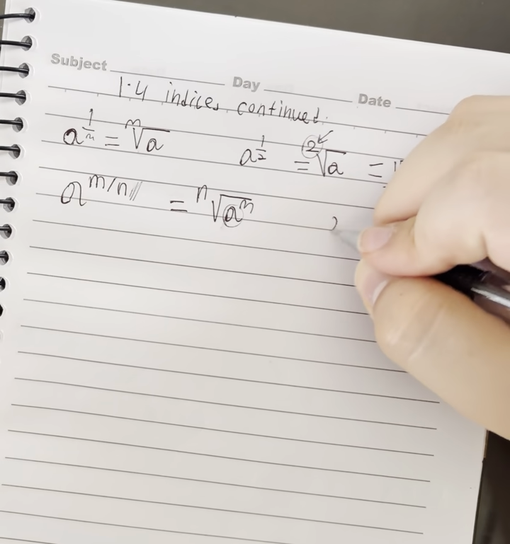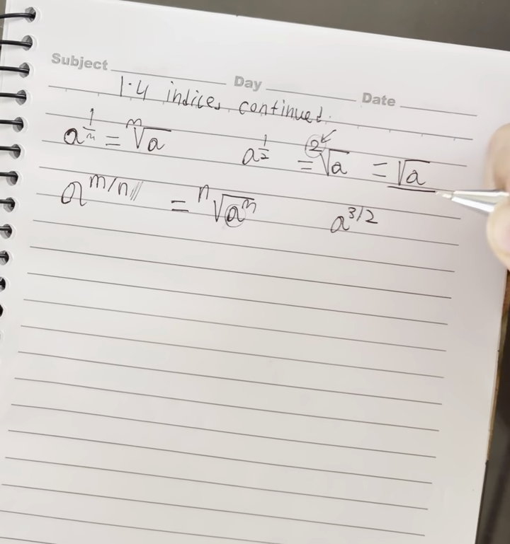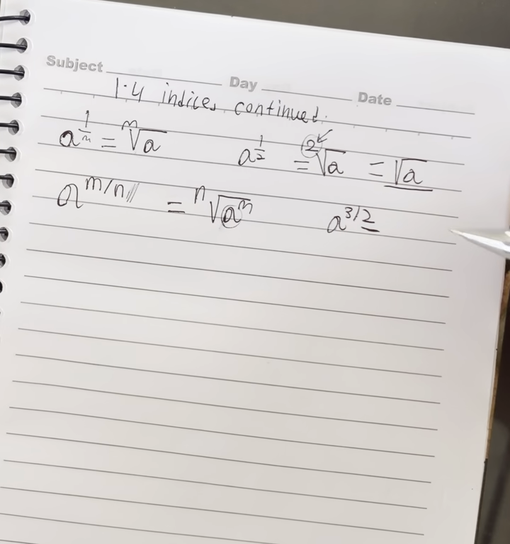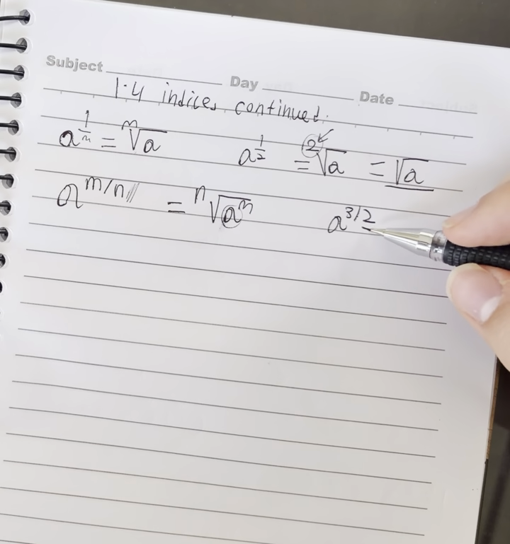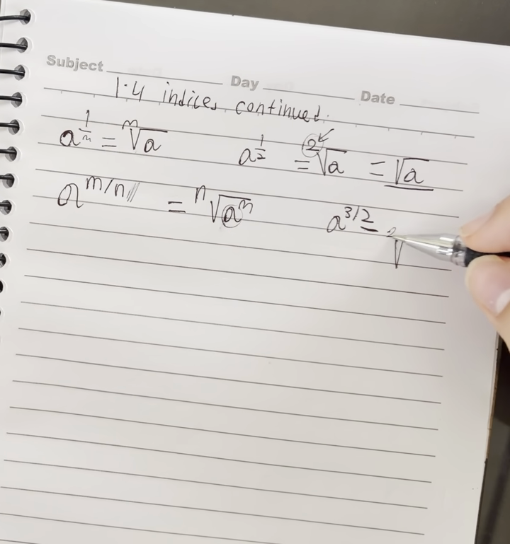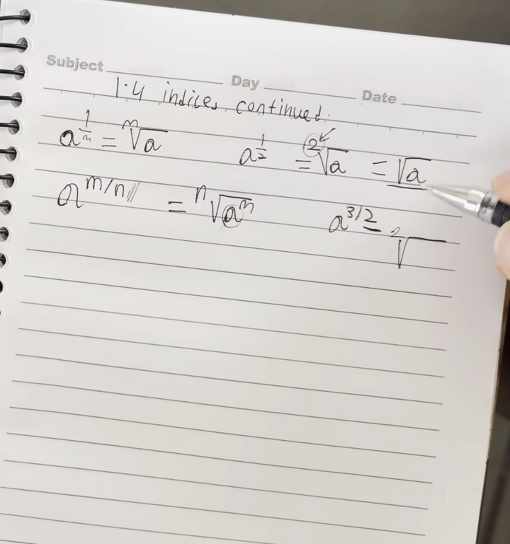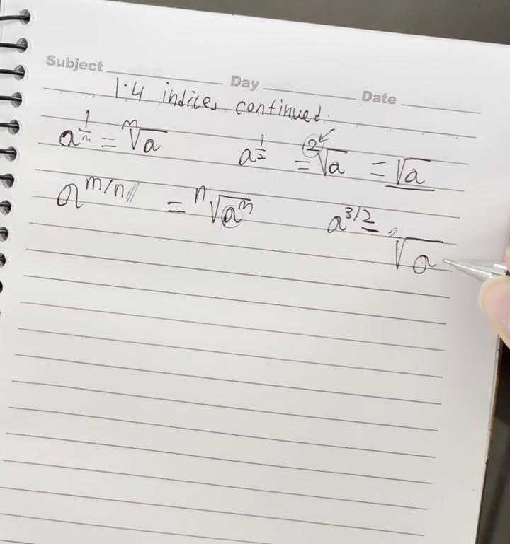So for example, we have a to the power of 3 over 2. We said the root is the denominator. So here you have 2, but we don't include it, so we leave it as it is. And a to the power of 3.